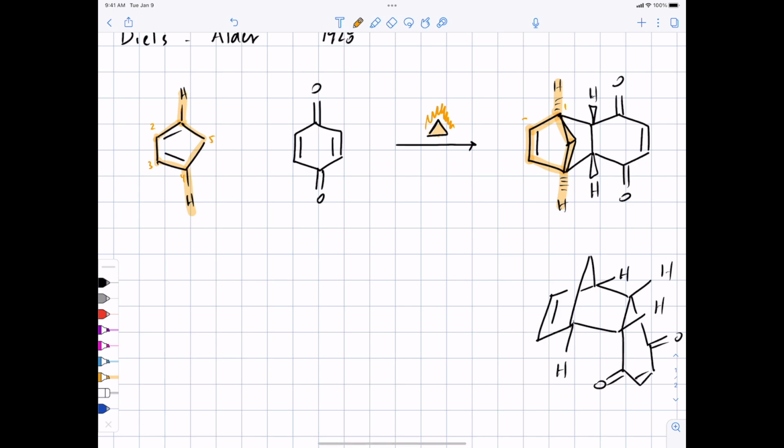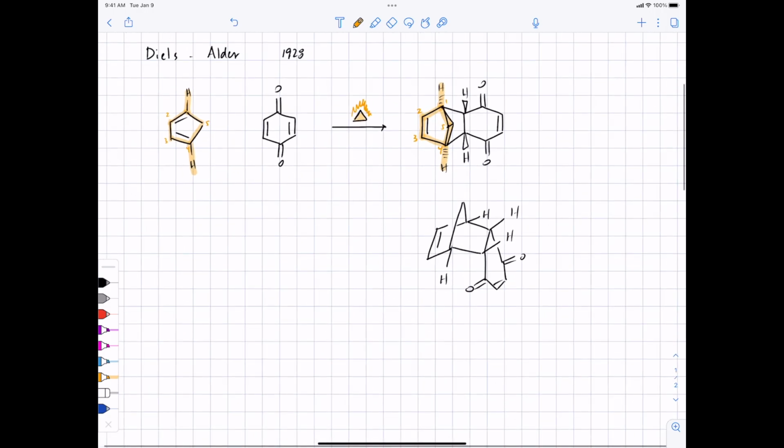Here are the atoms 1, 2, 3, 4, and 5. Alternatively, we can highlight them here. 1, 2, 3, 4, and 5.